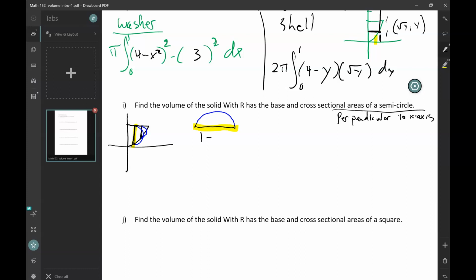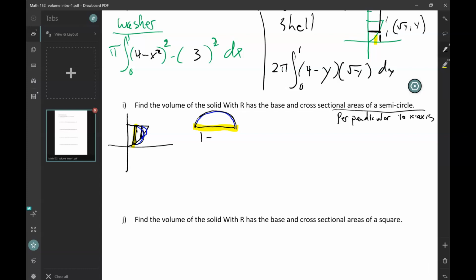Okay, so now where's the thickness of these things? So they're not just a slice, they got a little bit of thickness to them, right? And so you can tell that the thickness is in the x direction, right?